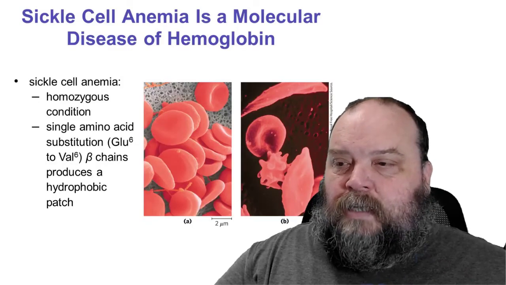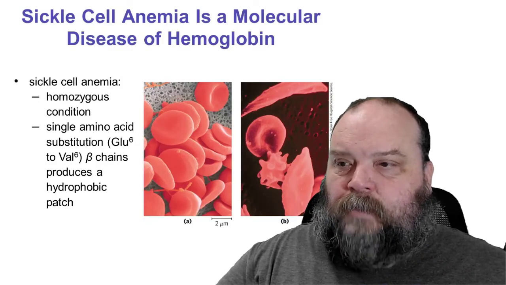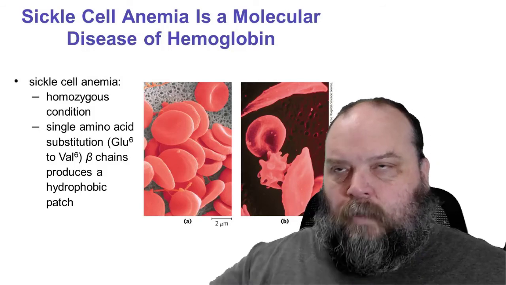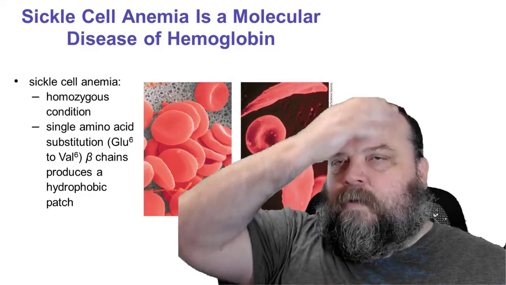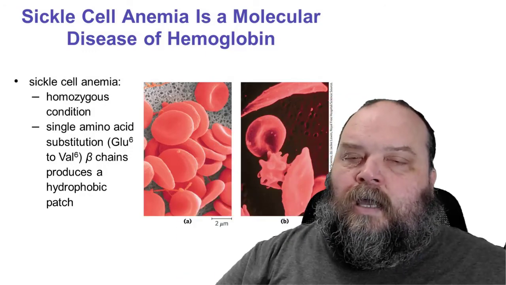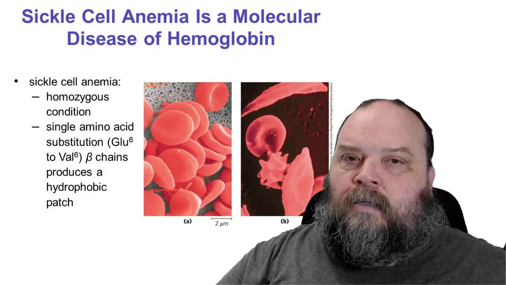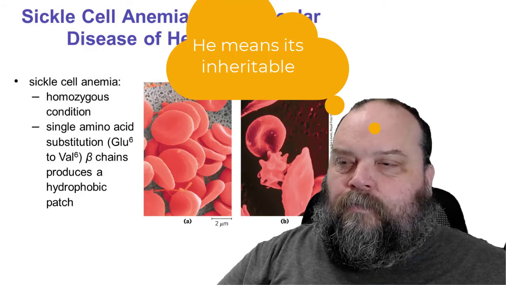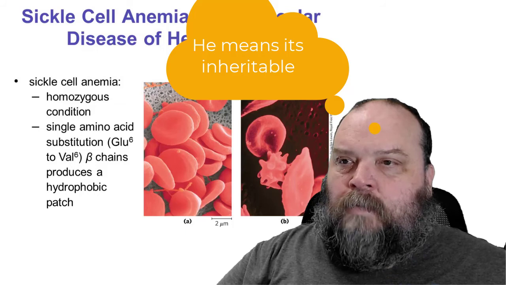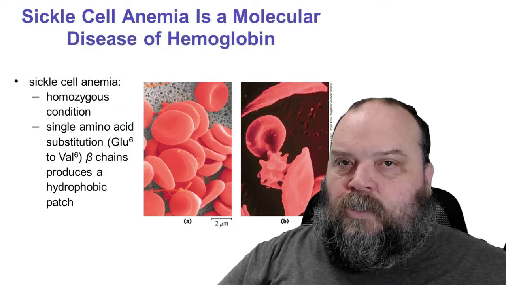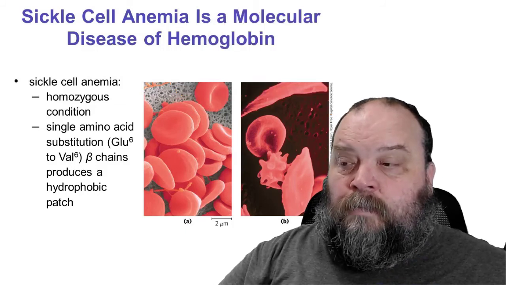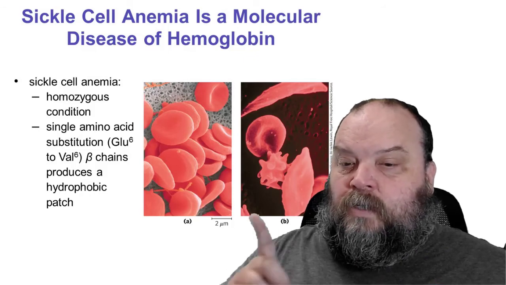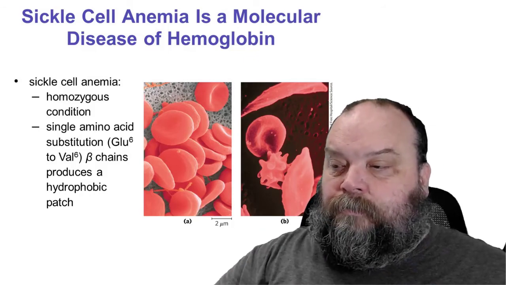The textbook brings up this idea of hemoglobin and sickle cell disease. Sickle cell disease, hopefully you remember, is a genetic disease that is passed on. A mutation in the hemoglobin gene, one of the genes for those subunits, specifically the beta chain, as you see here in the second sub-bullet.